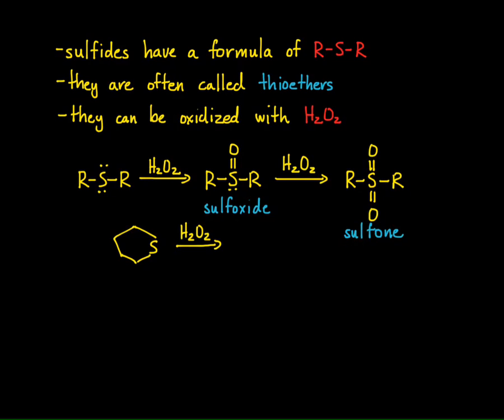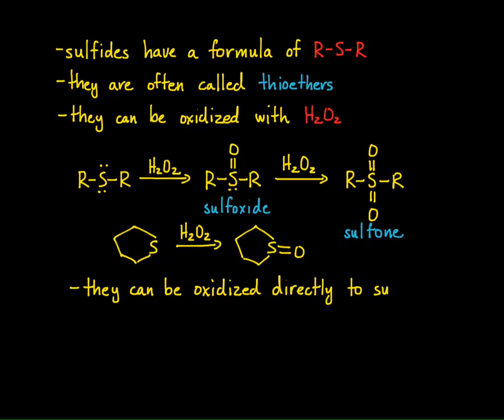So here I have my thioether. I treat it with one equivalent of hydrogen peroxide, and I can generate a sulfoxide. Right? So notice the sulfur-oxygen double bond. Now there is a way where I can directly oxidize a sulfide to a sulfone, and that's by using peroxy acids.